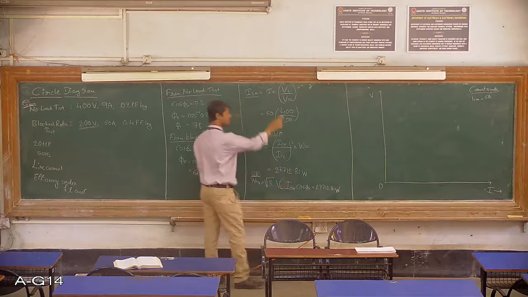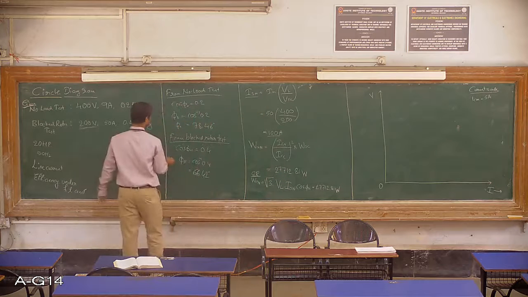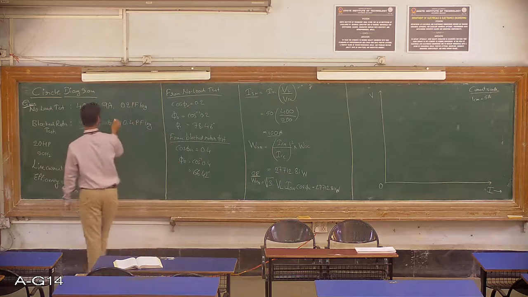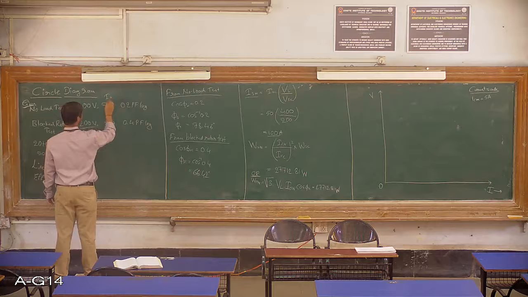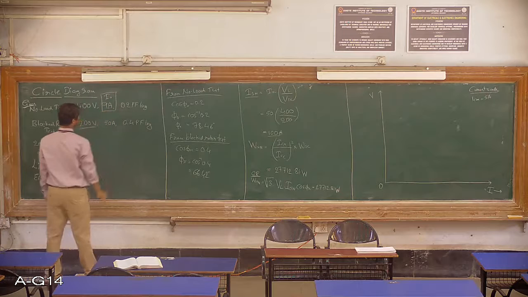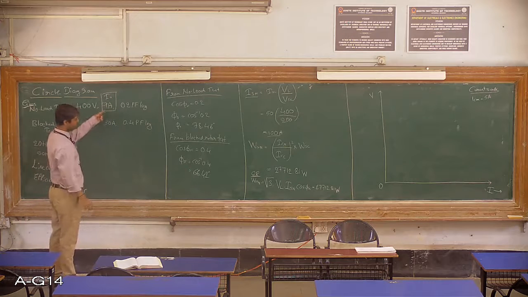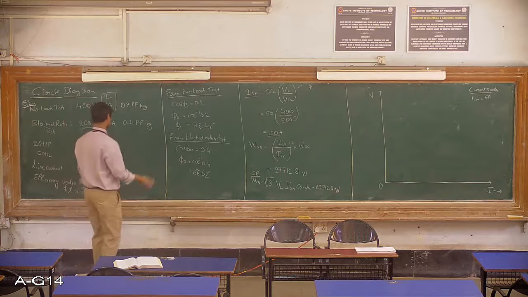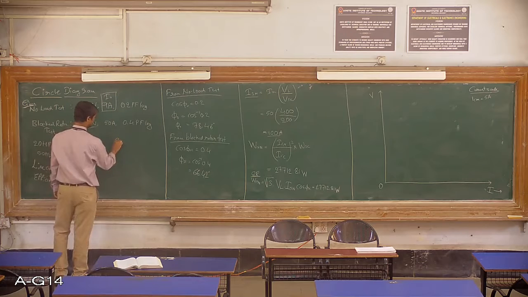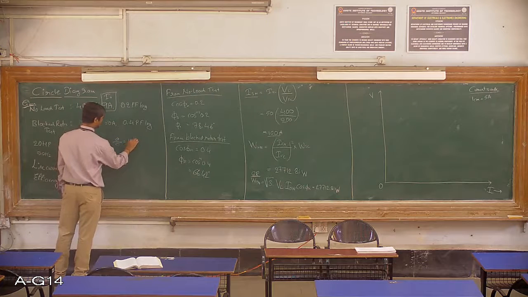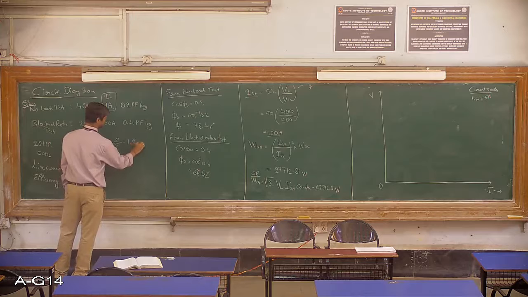So with that scale, if I start drawing this I notch, this 9 amperes will get converted into 9 divided by 5, that is 1.8 centimeters, okay?